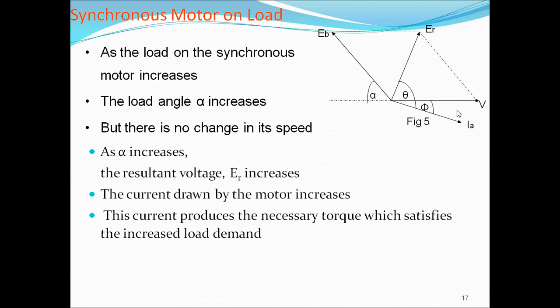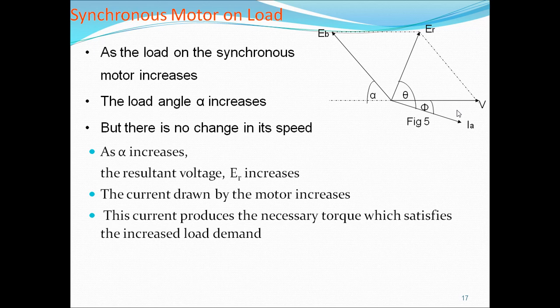When the motor is on no load, it produces a torque which is sufficient, that is, the angle alpha changes so that it supplies the losses of the motor.